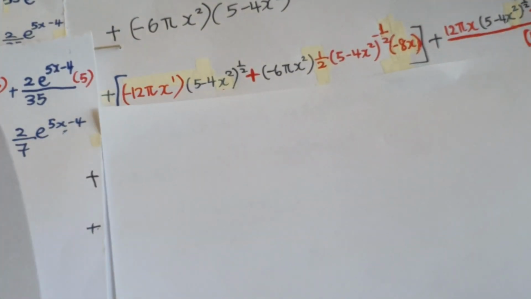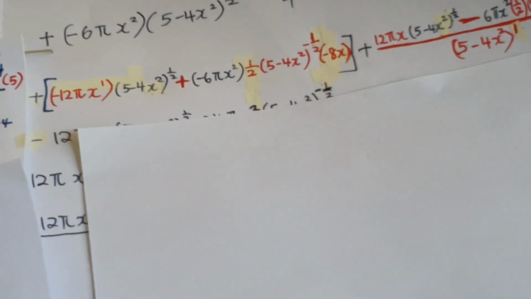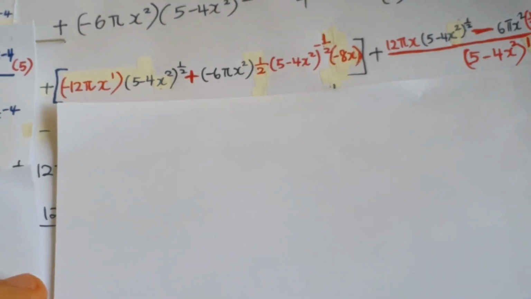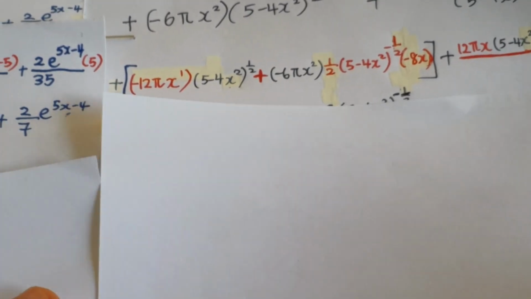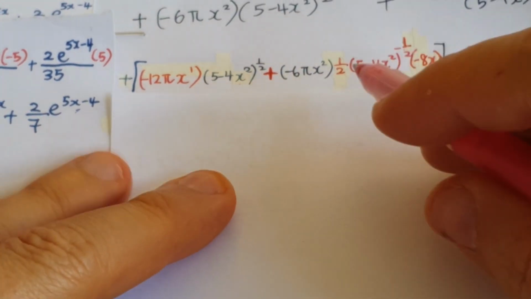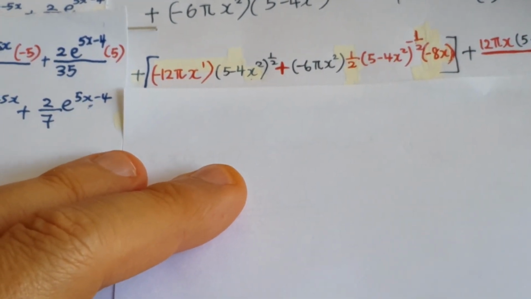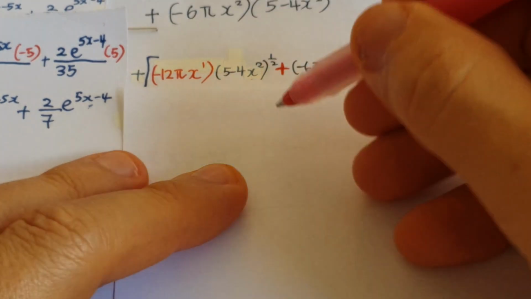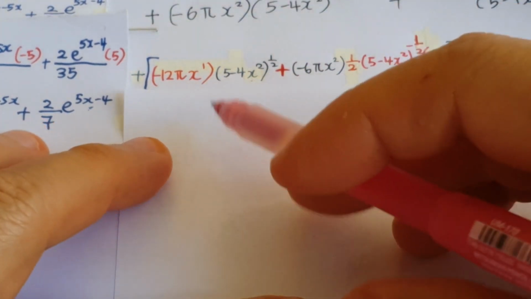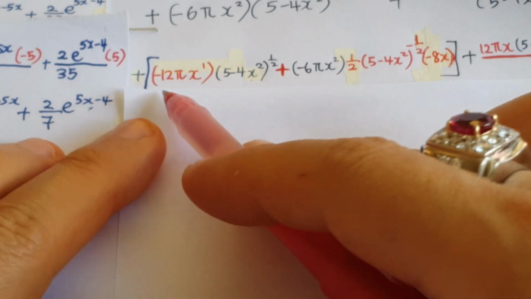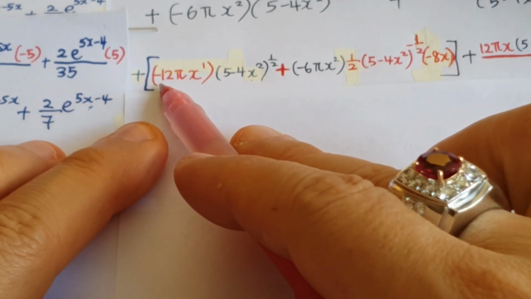How to simplify this part here. How to simplify. Okay, we focus on this one first. Remember, it's always sign, number, algebra. SNACK, snack. Okay, so what do I mean? Oh, sorry.